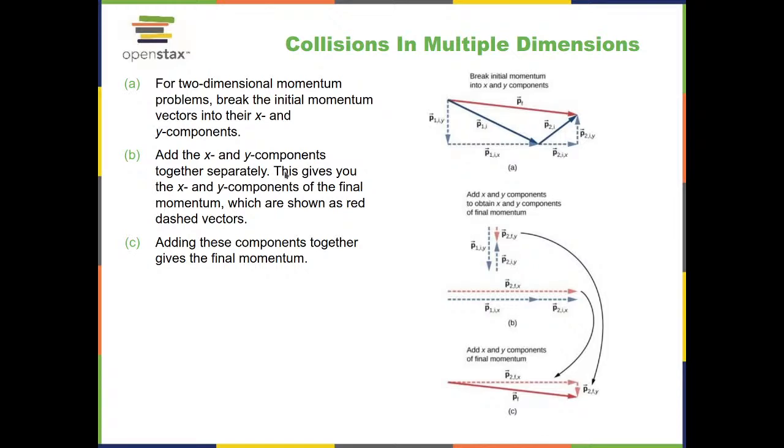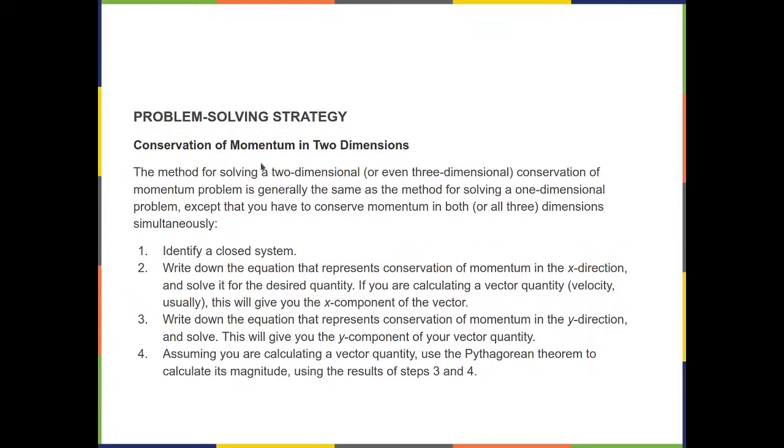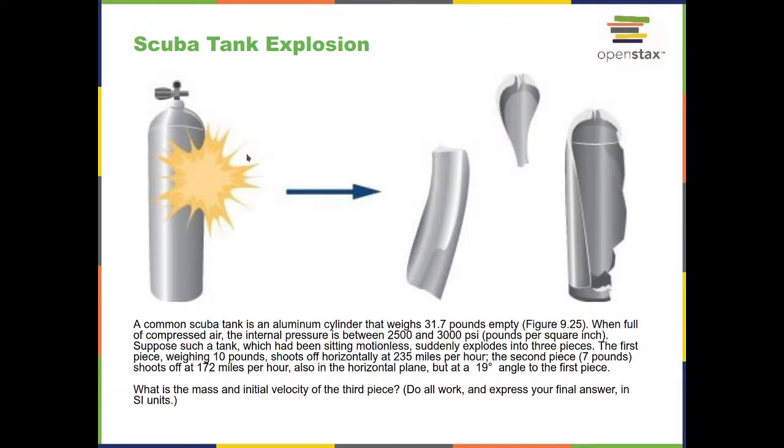Let's look at a different example, with the same strategy, which is the explosion of a scuba tank. This is the first example of an explosion that we look at. It's an object that breaks apart into 3 different parts with 3 different masses.